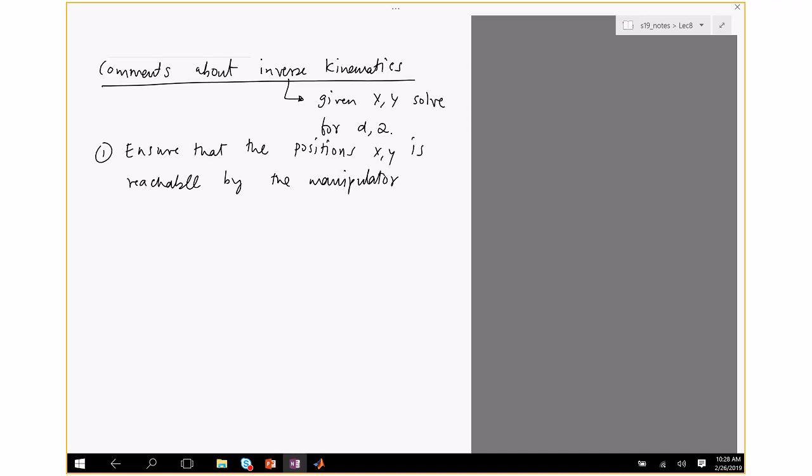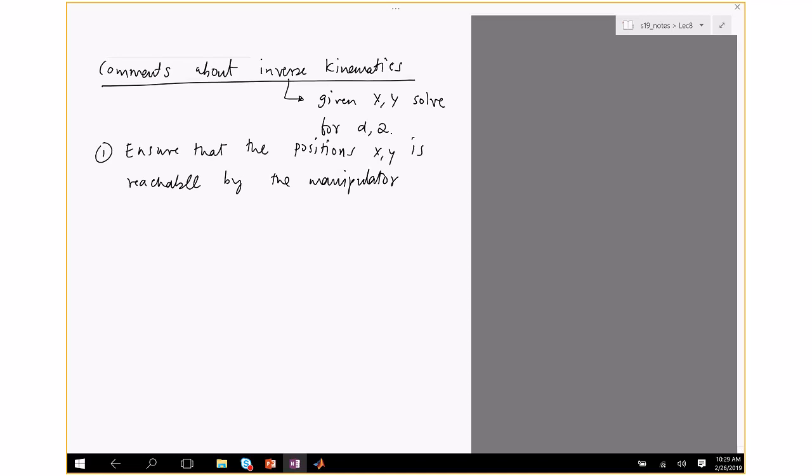Before you even solve an inverse kinematics problem, remember that, as I said, an inverse kinematics solution may not exist. You may have multiple solutions, but you also may have a case where the solution does not exist. One place people mess up is they try to make the robot draw at a point where the manipulator just cannot reach. So once you have a manipulator, you want to find the workspace of the manipulator. What are the places where the manipulator can reach?